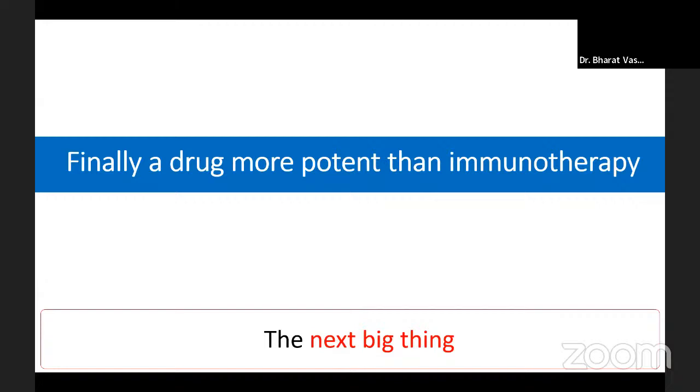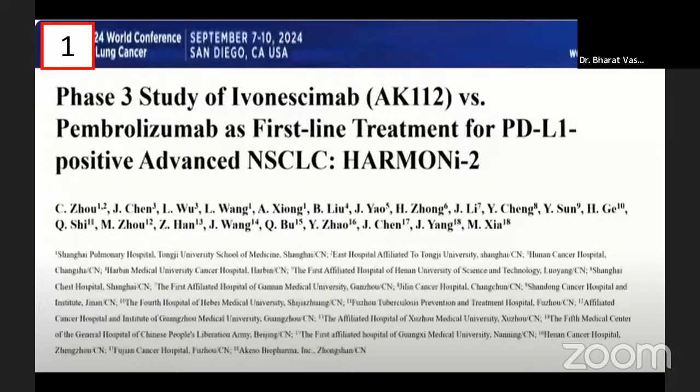So, the next big thing: a phase 3 study, please remember this is phase 3, which is why I took it first. A phase 3 study of ivonescimab versus Pembro as a first-line treatment in PD-L1 positive advanced lung cancer, the first analysis of the HARMONi-2 study.